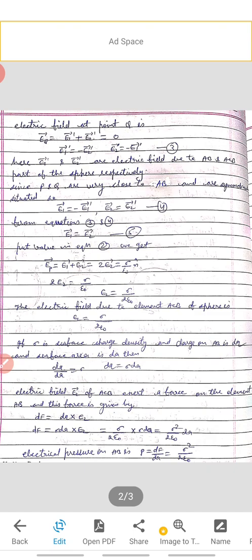We know the general formula for force in an electric field, F is equal to Q into E. Putting the values of dq and E2, we get dF is equal to sigma square upon twice epsilon naught into dA, and the electrical pressure on AB will be P is equal to dF upon dA is equal to sigma square upon twice epsilon naught.